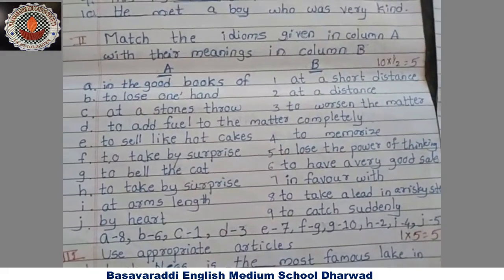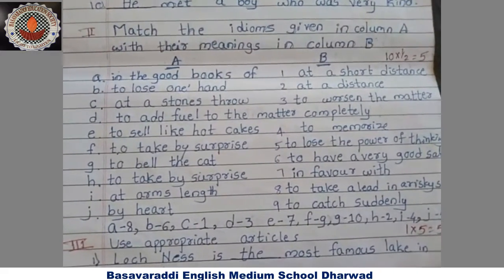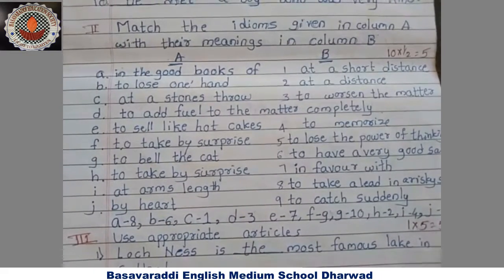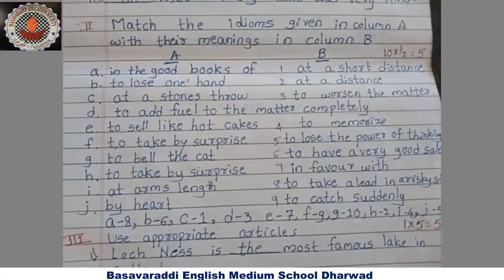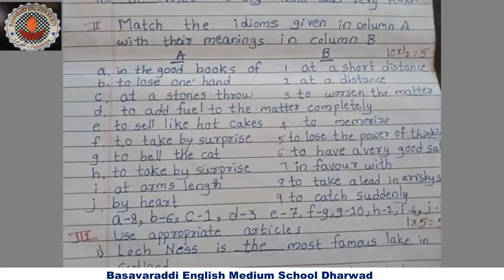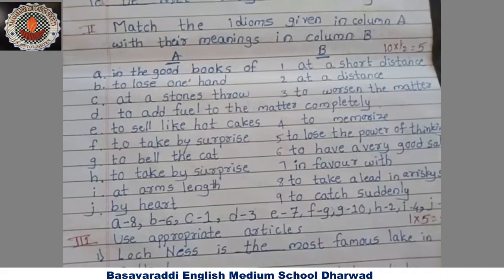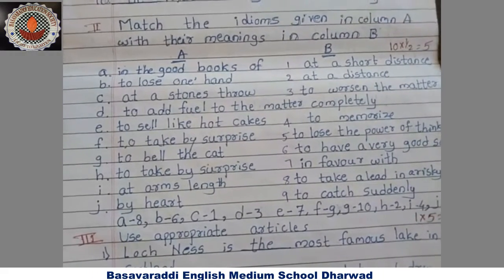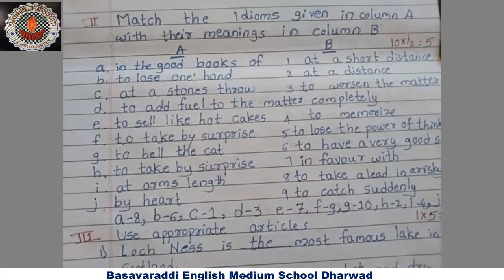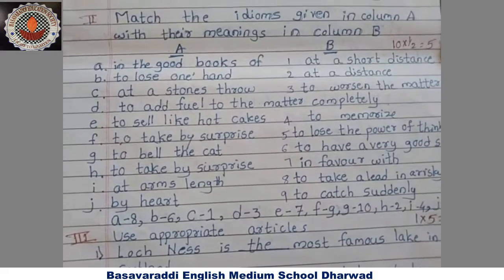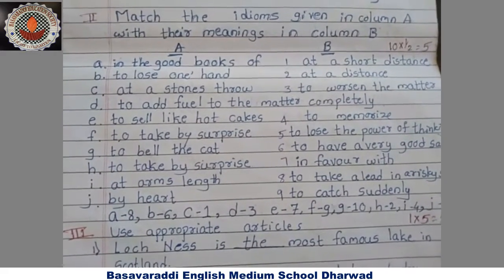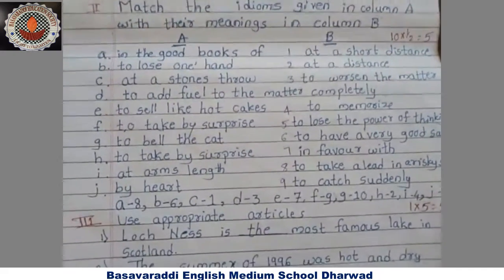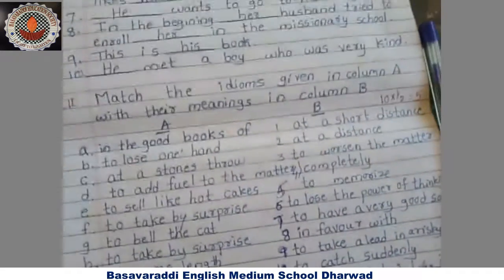To add fuel to the matter means to worsen the matter completely, making the existing situation worse. To sell like hotcakes means selling very well, so to have a very good sale. Okay, let's move to the answer one more time.